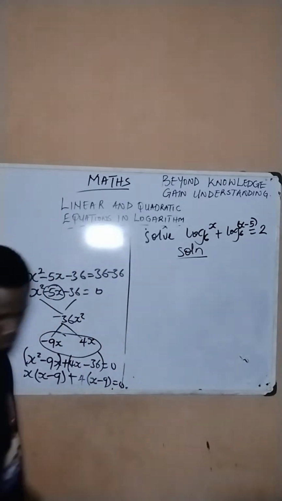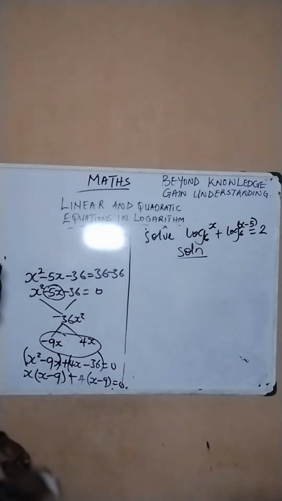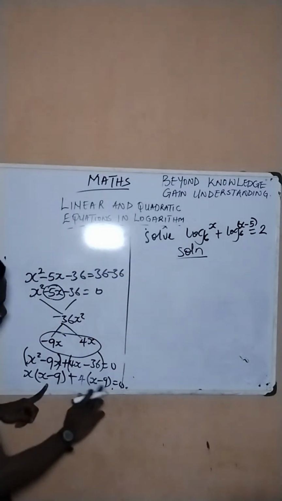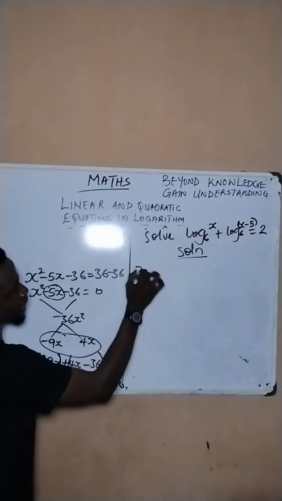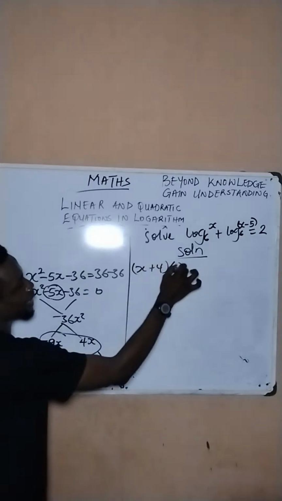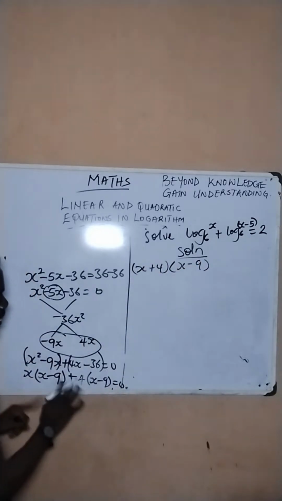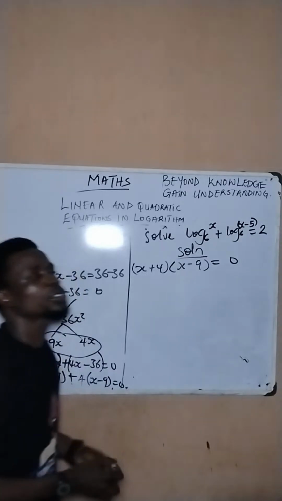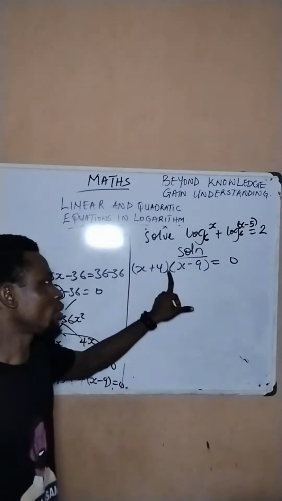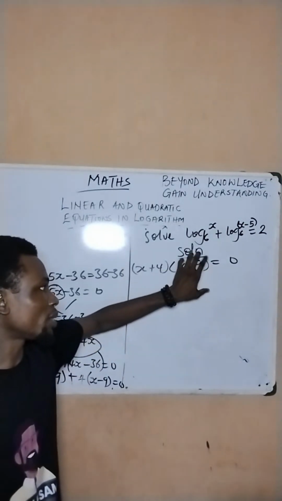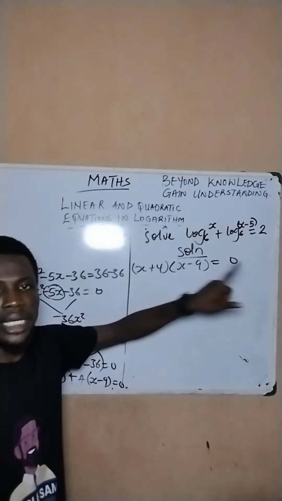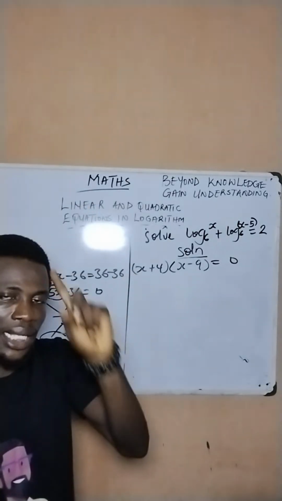Now that we've gotten to this point, see that this and this are the same. Put this x plus 4 in the bracket. It simply implies that x plus 4 and x minus 9, just pick one of these, is equal to 0. You know that there's an invisible multiplication sign here. If this expression multiplied by this expression is equal to 0, it can mean one thing.